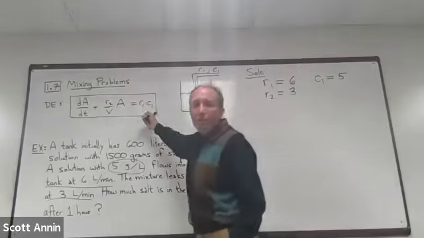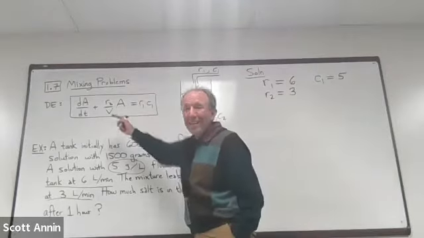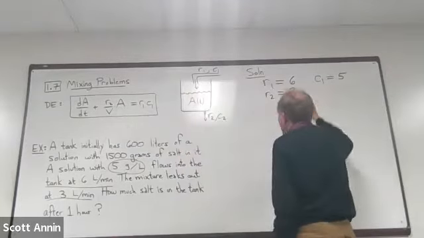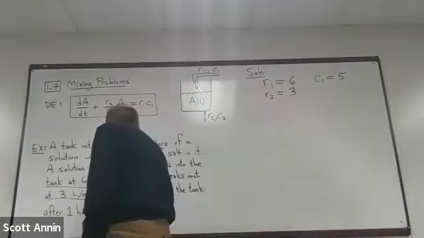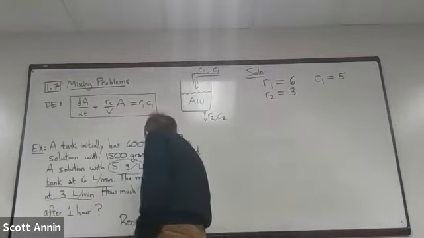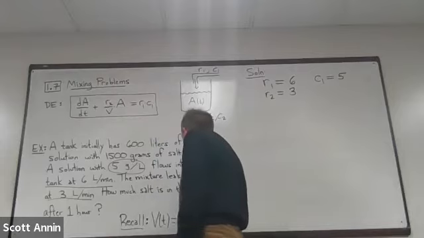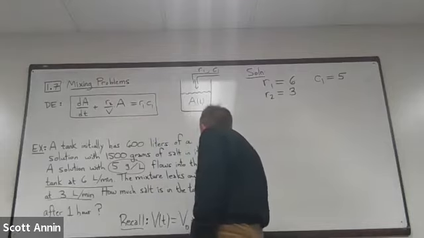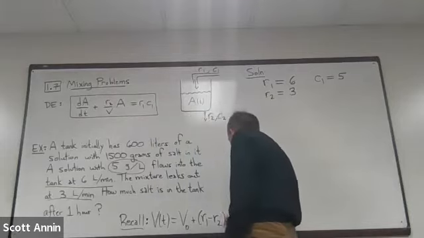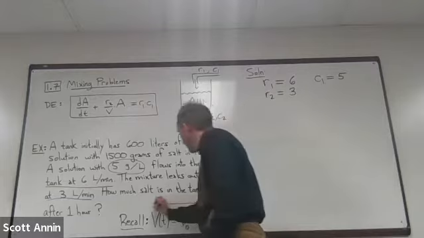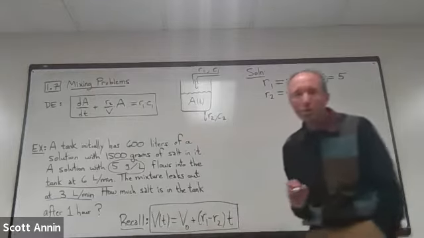We also need the volume right here. I'm just going to remind you that the volume, maybe I can put it down here. When I talked about this in another video, I wrote down the volume. The volume is some initial volume plus R1 minus R2 times T. So this is actually another equation that we should try to make sure we know.